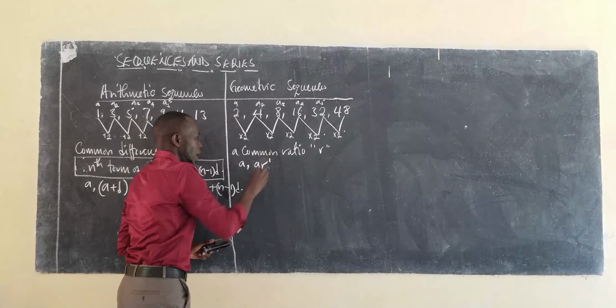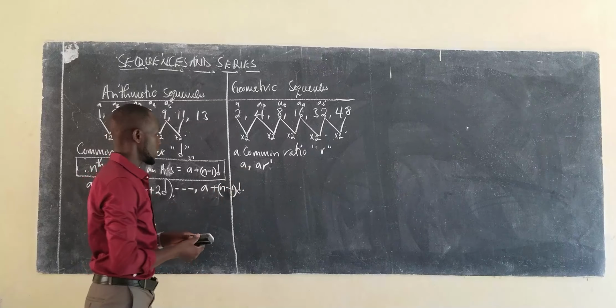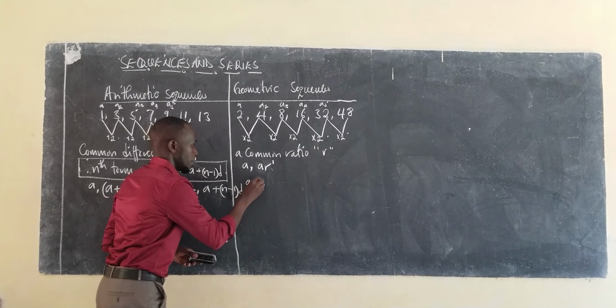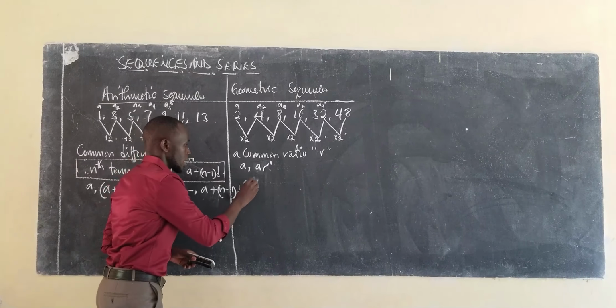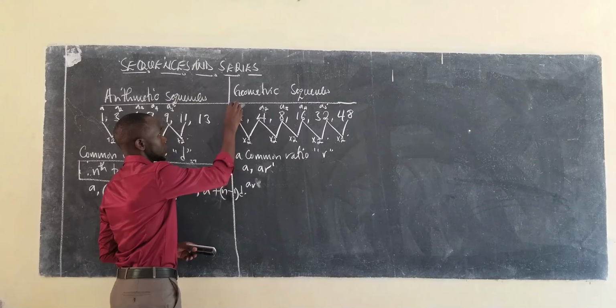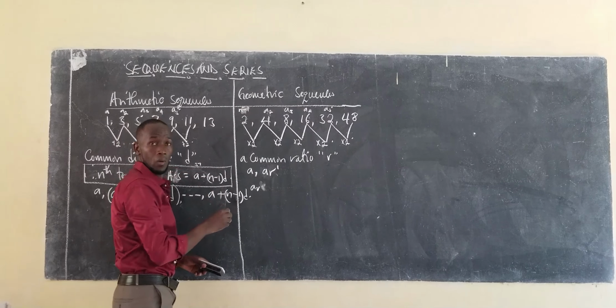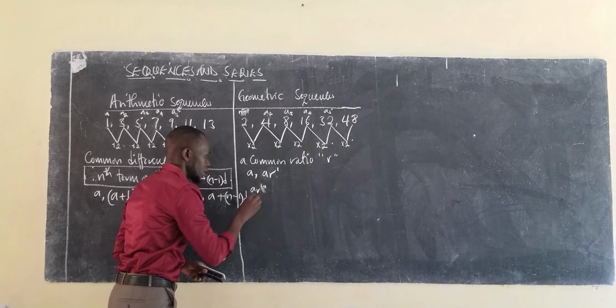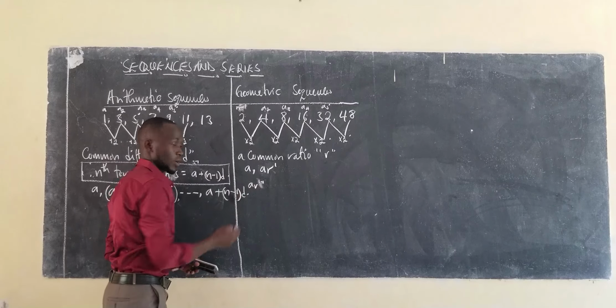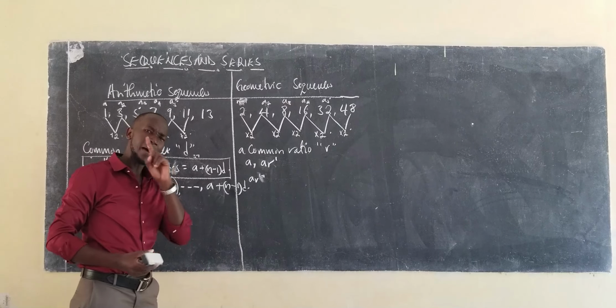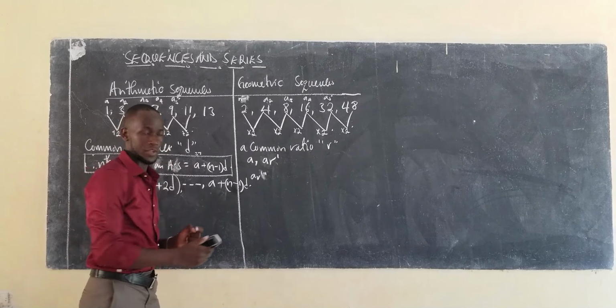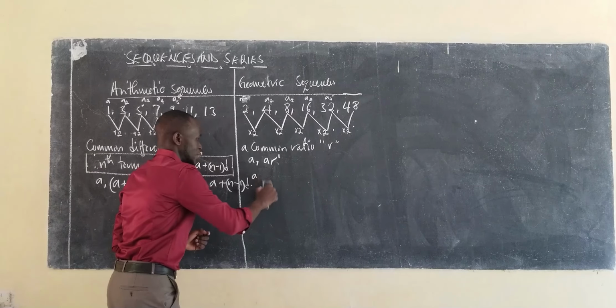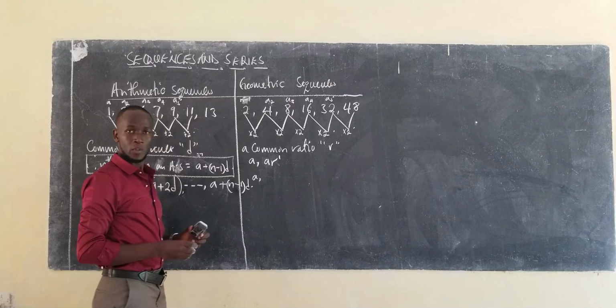The common ratio is power 1. By the way, even for the first term, you have A R power 0. Because the first term, n equals 1. So when you say n minus 1, it is 1 minus 1, which is a 0. Any number to power 0 is always 1. So we end up getting A times 1, remaining with only the first term.